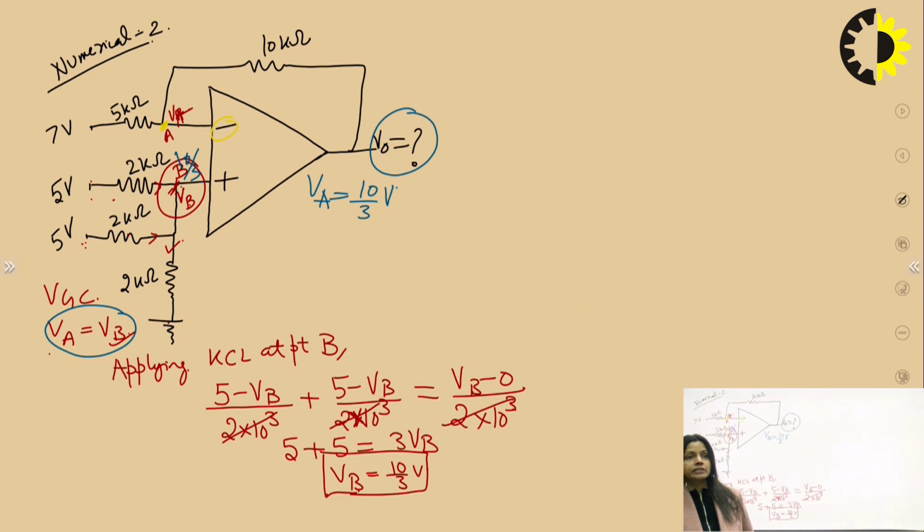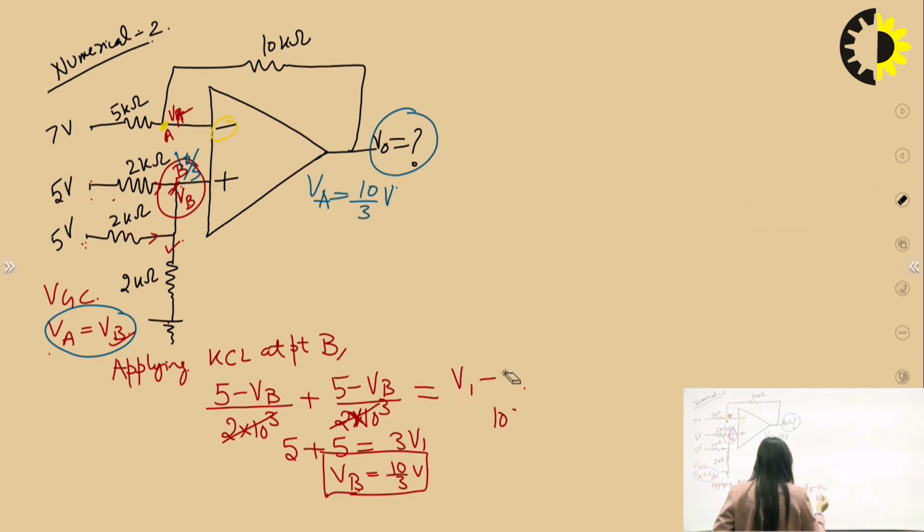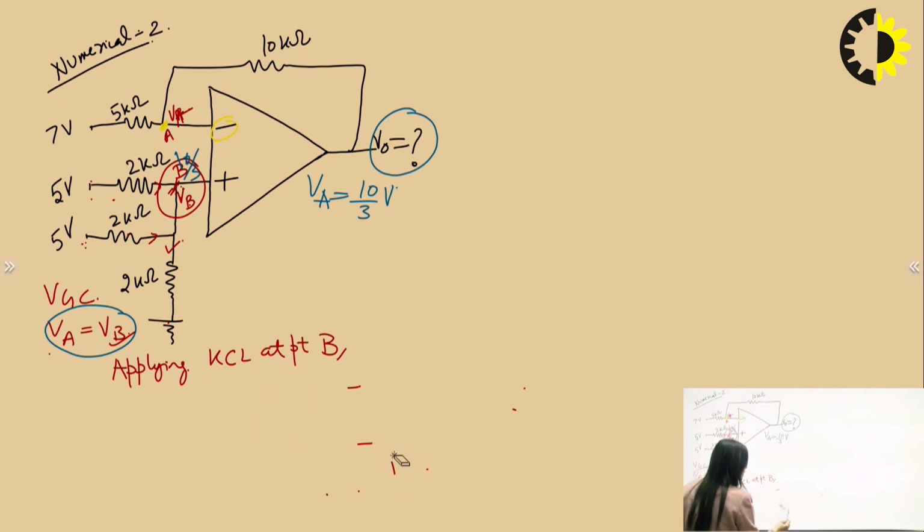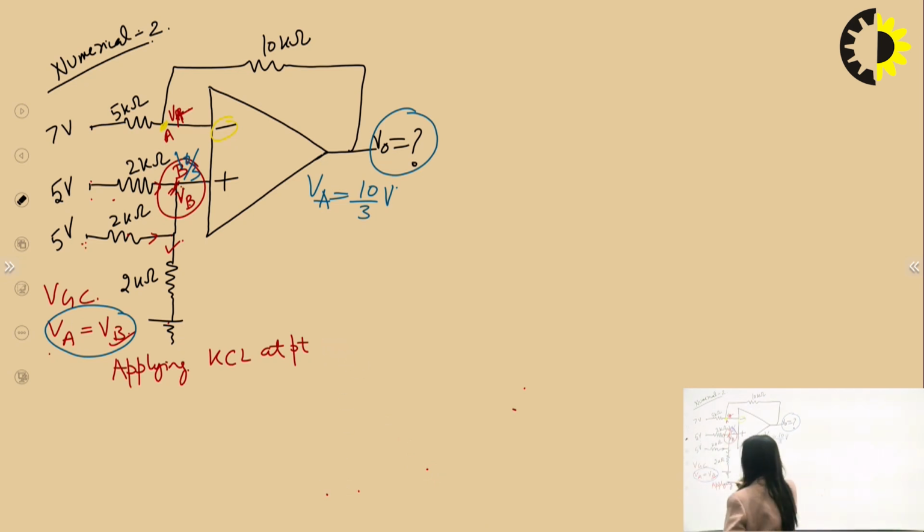For this output voltage, I have to apply KCL once more, but now at point A. Now that I have the value of VB, I have to do only one thing, and that is applying KCL at node A, right? So here I am applying KCL at point A.